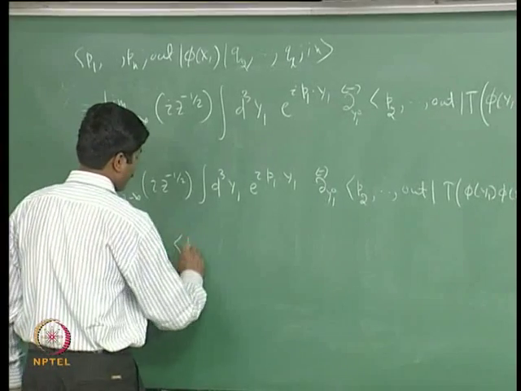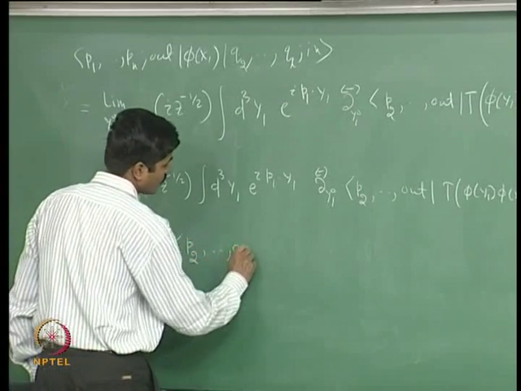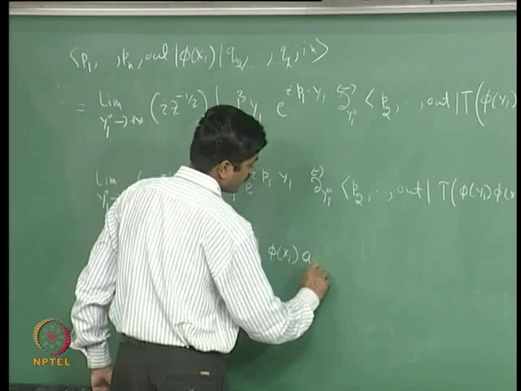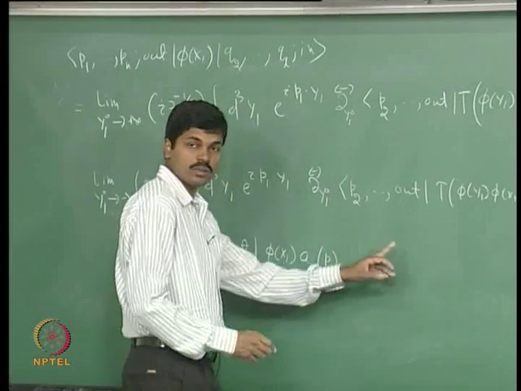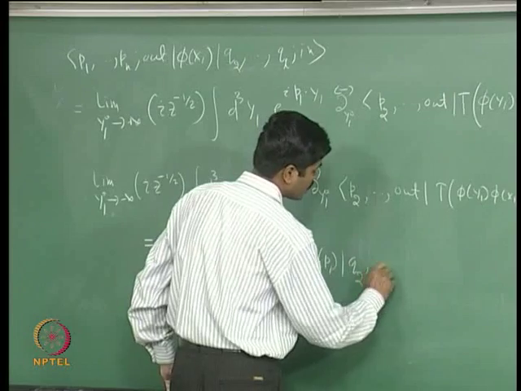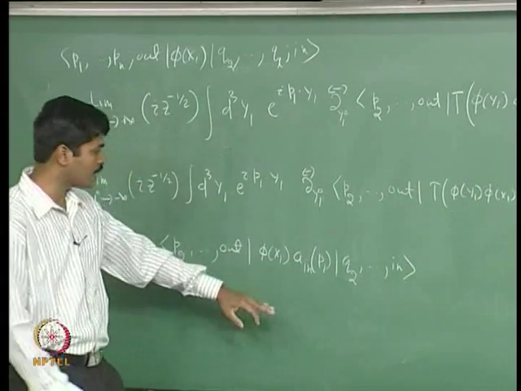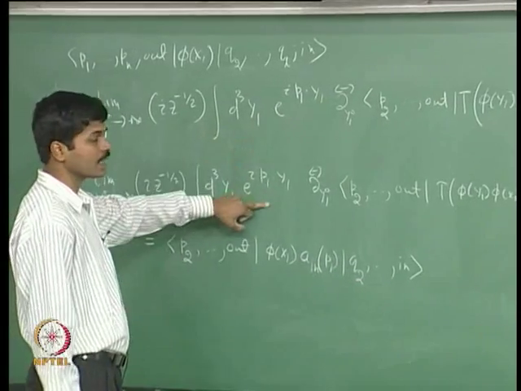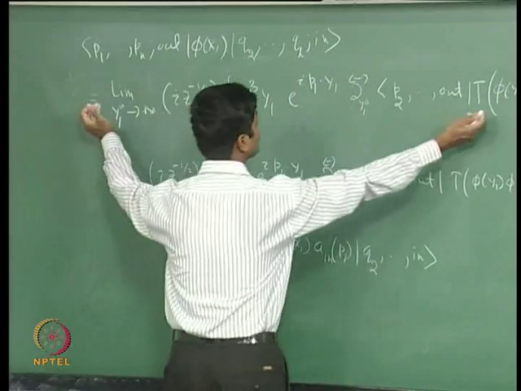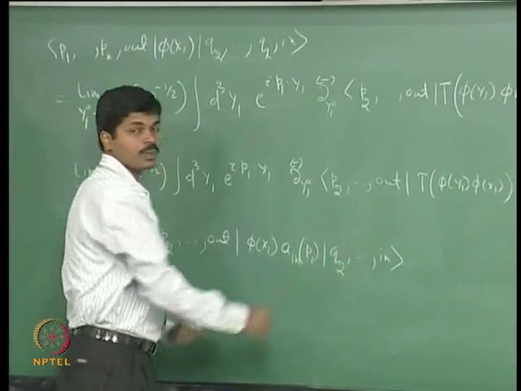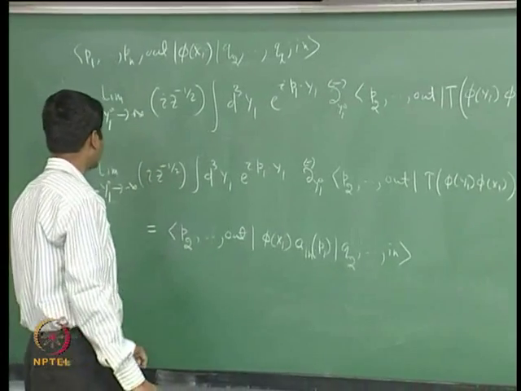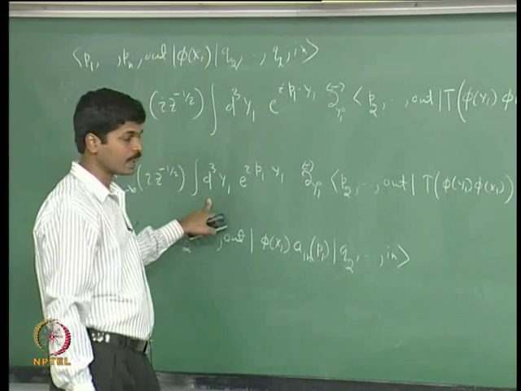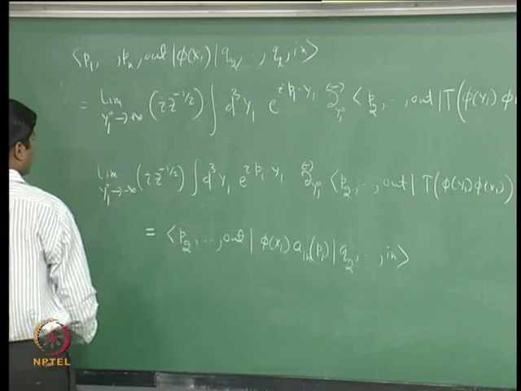This is ⟨p2 up to out| phi of x1 a in of p1 acting on |q2 in⟩. So, again this will give a disconnected piece. Now, you take the difference of this and this. So, this quantity itself is the difference of this and this plus this term here. Therefore, when I take the difference of this and this, again I will get an integration over d4x.